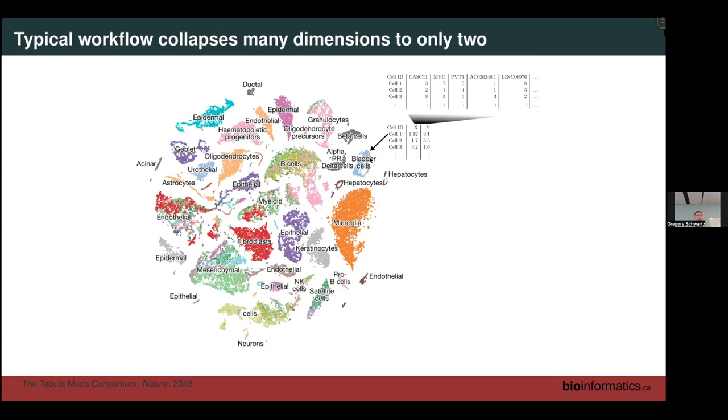Then once you have the location of these cells, usually you use a marker-based strategy where you can say, oh, this cell had a high expression of CD4 and CD8 and CD3, therefore it's probably a T cell.